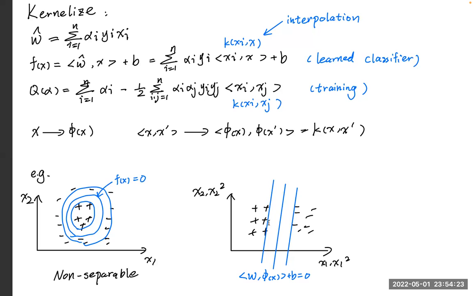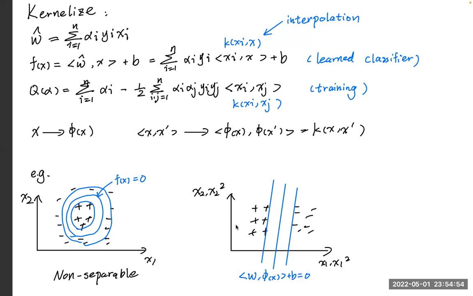This boundary will be translated to this boundary in the original space, and this boundary will be translated to this boundary in the original space. So that's the basic idea: we find a linear classifier in this feature space, which can be translated to a nonlinear classifier in the original space.